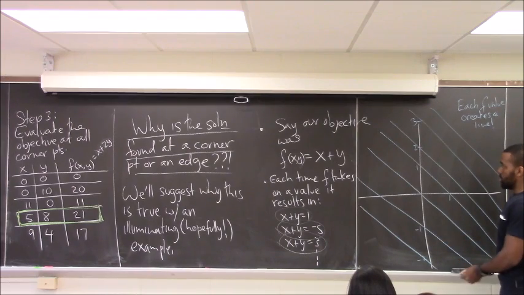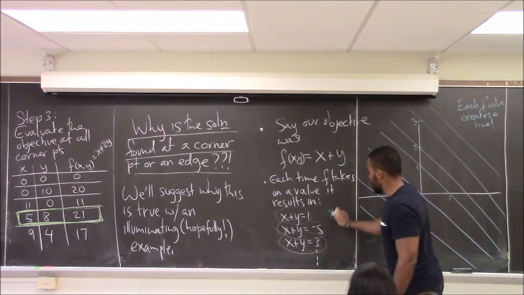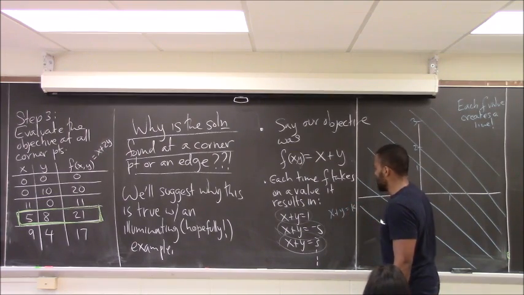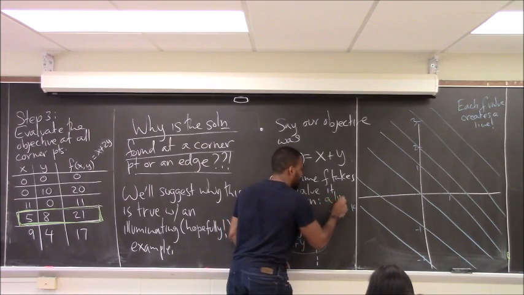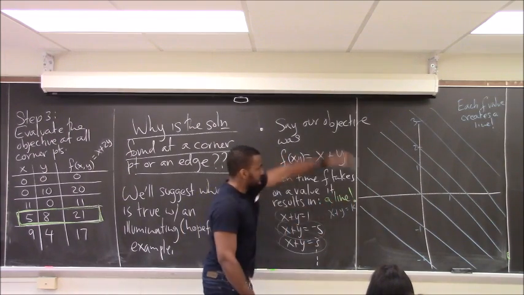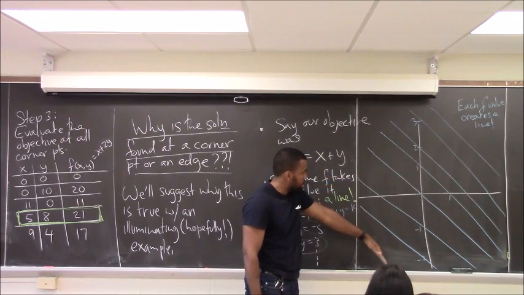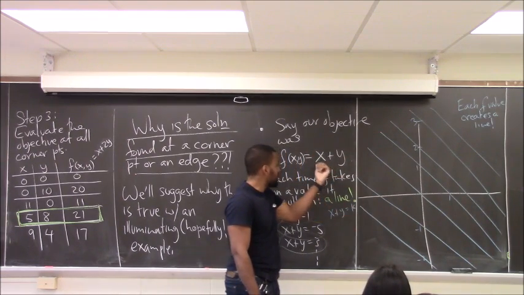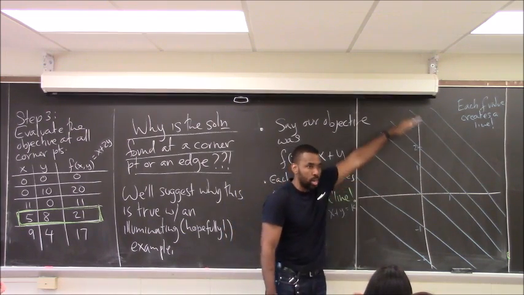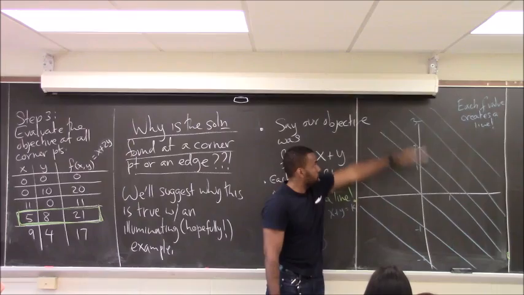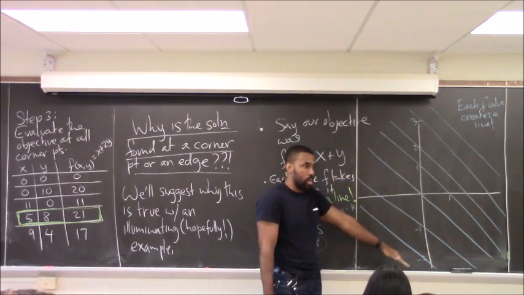So I can just take the line x plus y equals k, some constant, because if I plug in a value for this function, I get a line. For different k values, I'll get the same line with the same slope, but they'll have different y-intercepts. For this particular example, the highest output corresponds to the highest y-intercept. So if I want my function to be bigger, move up. If I want my function to be smaller, move down.